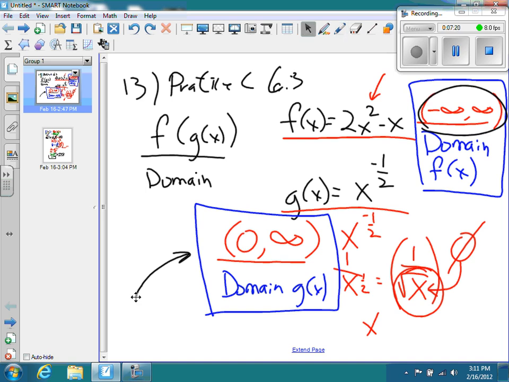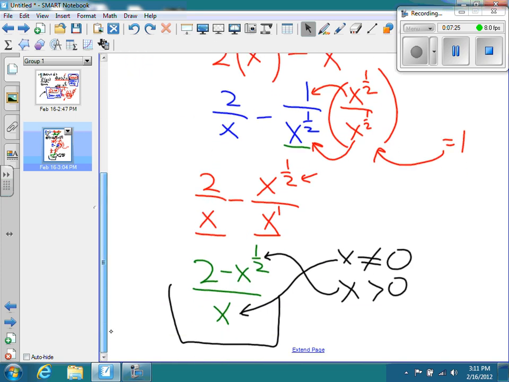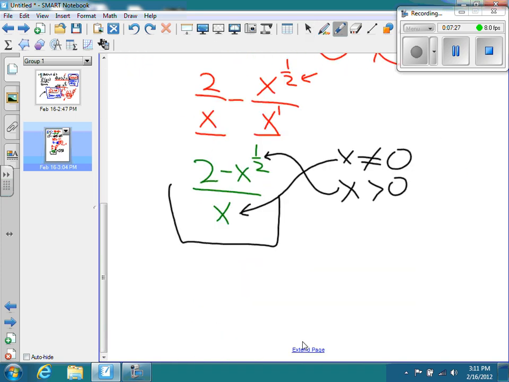So the domain of my composition function is equal to 0 with the parentheses, because it's not included, to infinity.